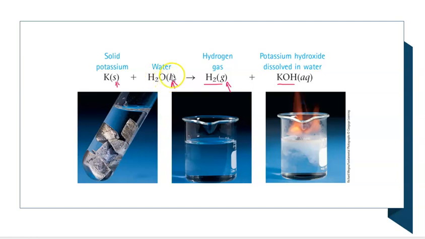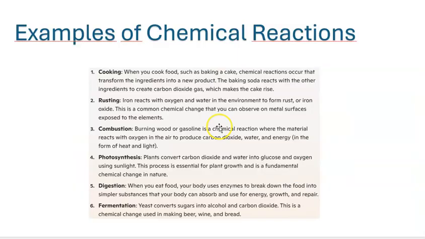Water is a liquid. Hydrogen is a gas. And this potassium hydroxide is in aqueous solution. Then these letters that I put in parentheses represent the state of a system.